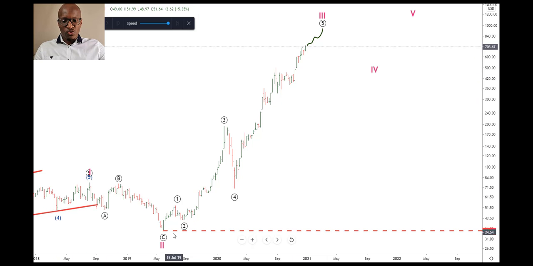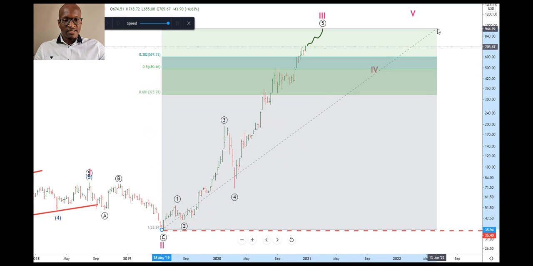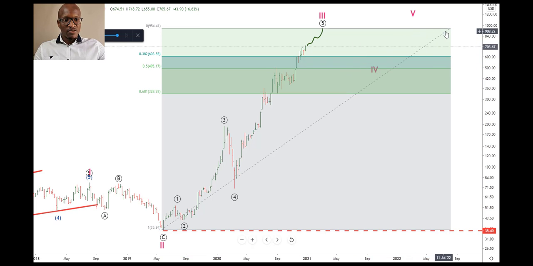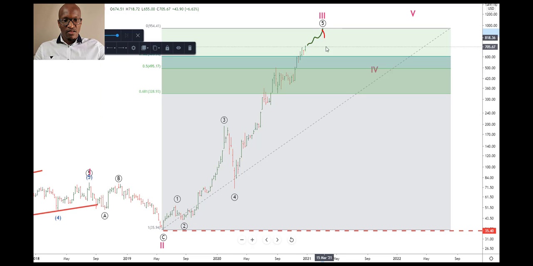So if I use my Fibonacci tool and I measure the entire rally for wave 3, let's assume that it terminates somewhere there. Let's assume that we go as far as 950 for wave 3. If the market were to pull back 38.2 to 50%, it could take price back towards 490 and below for a 50% pullback.